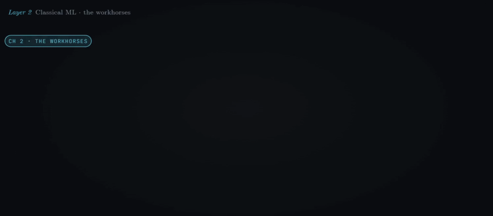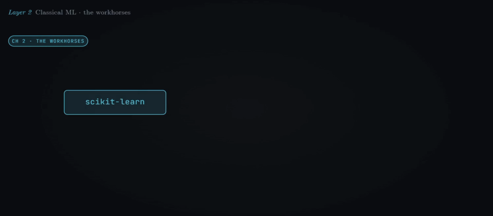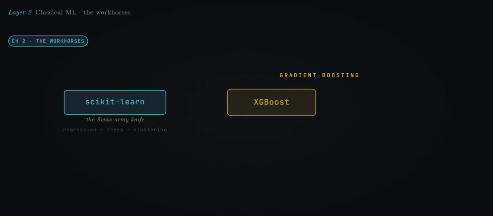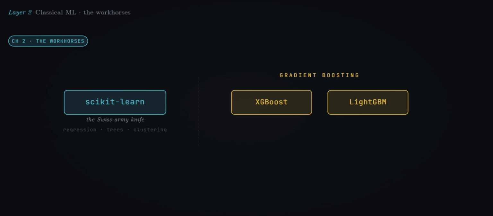For the classical machine learning of chapter 2, the whole ecosystem is essentially 3 names. Scikit-learn for regression, trees, and clustering, the Swiss Army knife of the field. And then XGBoost and LightGBM, the gradient boosting champions.